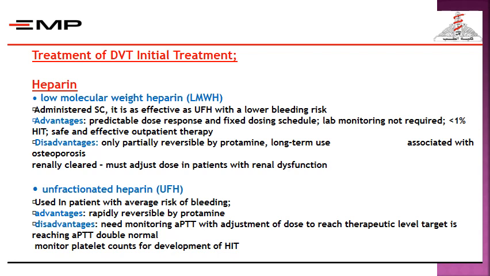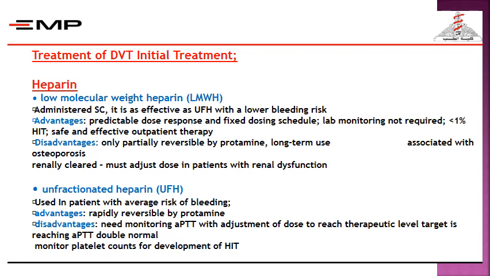Lab monitoring is not required, meaning we don't need to do follow-up or monitoring laboratory tests. The incidence of heparin-induced thrombocytopenia is low, less than 1%. It is a safe and effective drug, especially as an outpatient therapy.